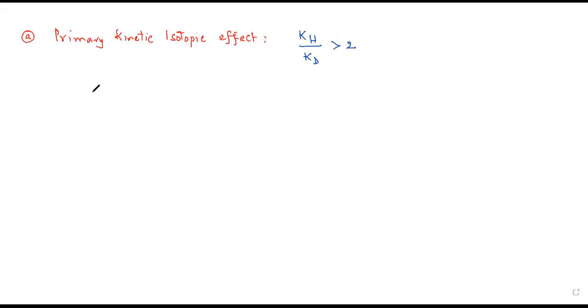In the previous E2 reaction, what we have taken, in general, E2 reactions follow primary kinetic isotopic effect.